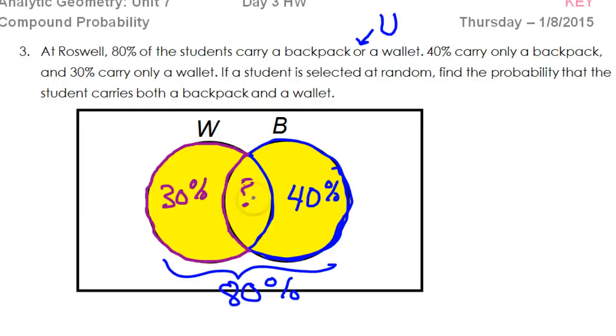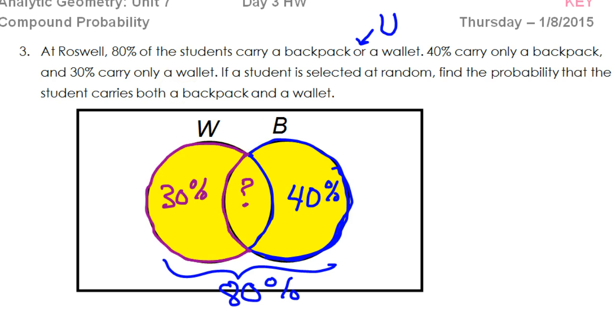The way this is broken down, 80% is the whole union. 80% is everything that's highlighted in yellow, and this 80% is made up of just these three zones. So we've got the 30, we've got the 40, so 30 and 40 make 70.